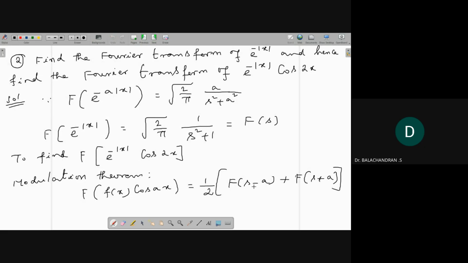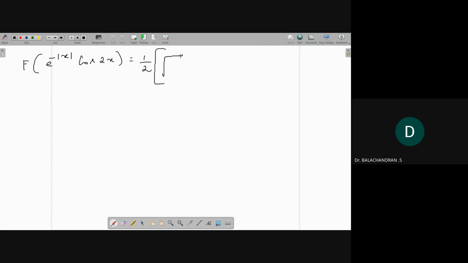Here a equal to 2, so root 2 by pi 1 by s minus 2 whole square plus 1.